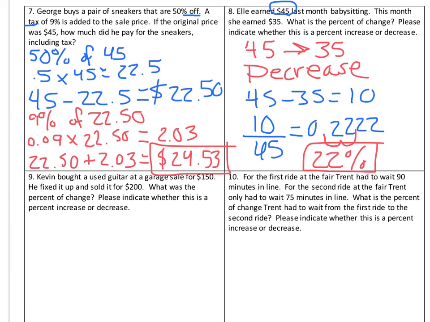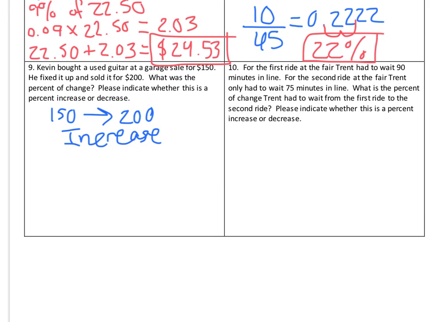Number 9, Kevin bought a used guitar at a garage sale for $150. He fixed it up and sold it for $200. What is the percent of change, and indicate if it's an increase or decrease? Well, I have 150 going to 200, which I know is an increase. So I'm going to subtract to find out the change.